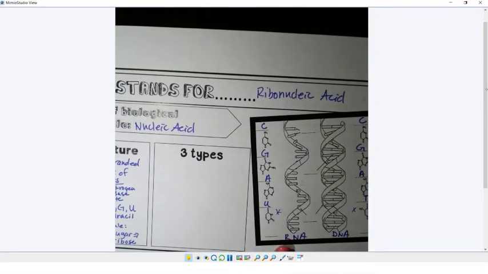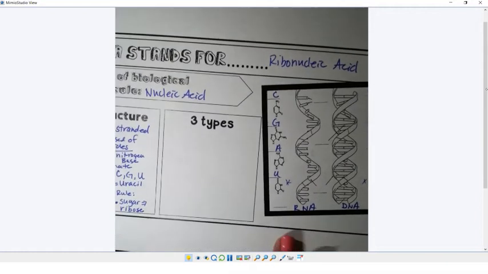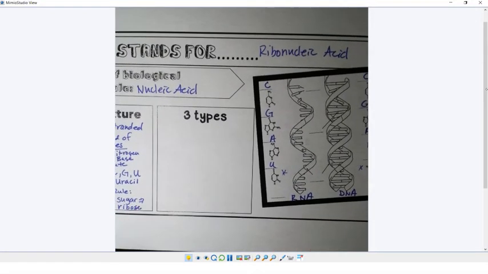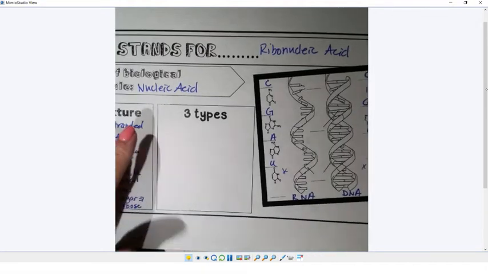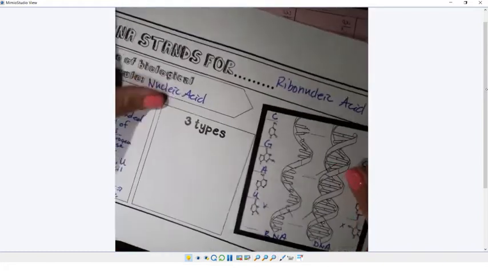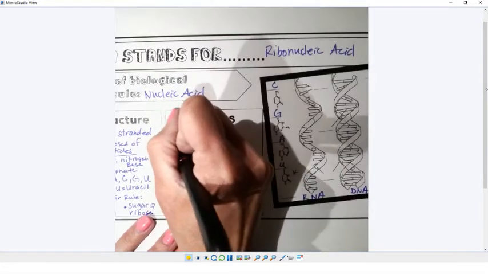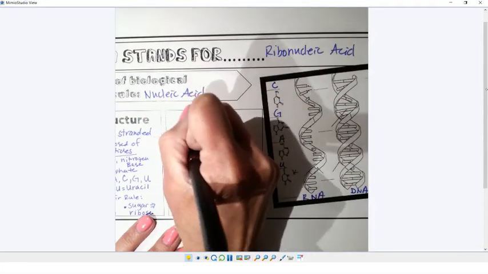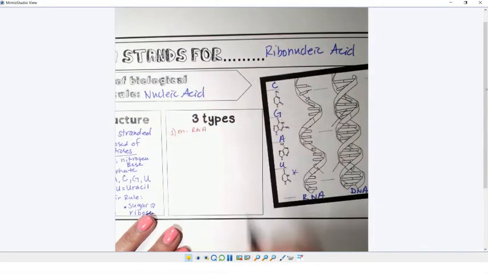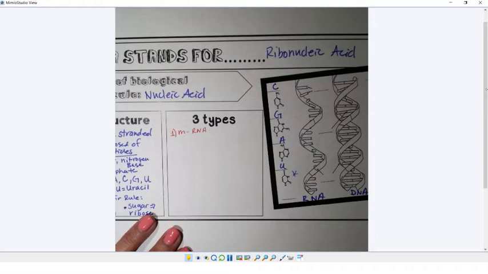Now there's 3 types of RNA that we have to be familiar with. I'm wondering if I need to switch pens to get this all in. Okay, so the first type, number 1, is called mRNA, and that is messenger RNA.